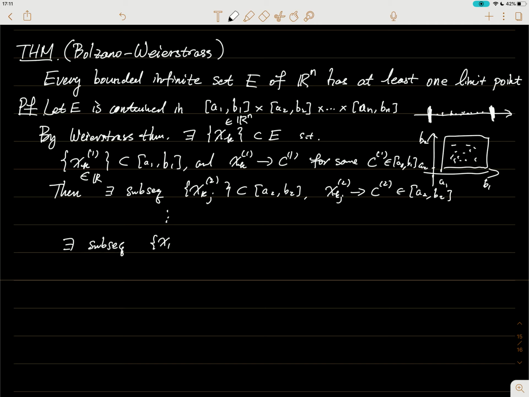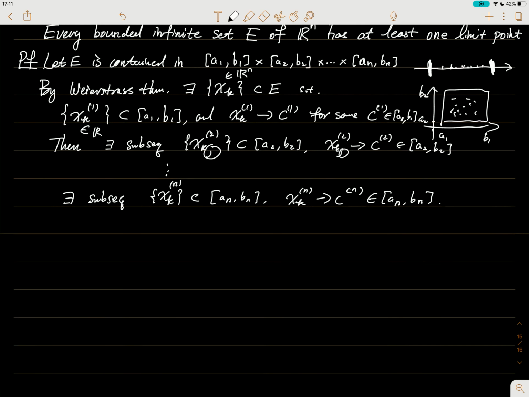I still denote it by xk, right? Like I did here, I can remove this j. I just say that this is the sequence I need, and then I will show that the nth component will belong to An, Bn, and this sequence of numbers will converge to Cn, which is some point between An and Bn.